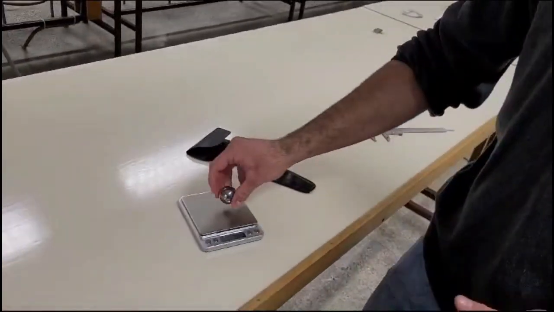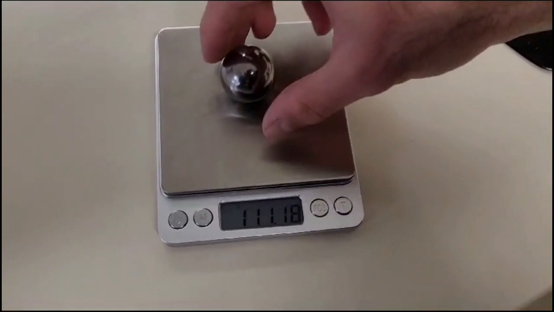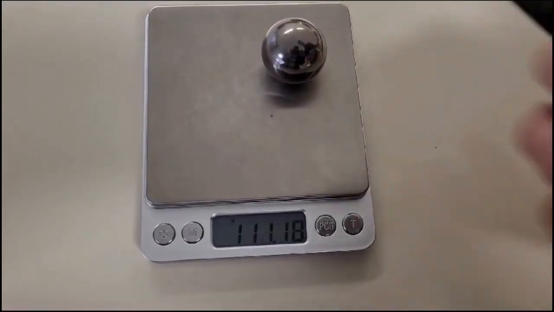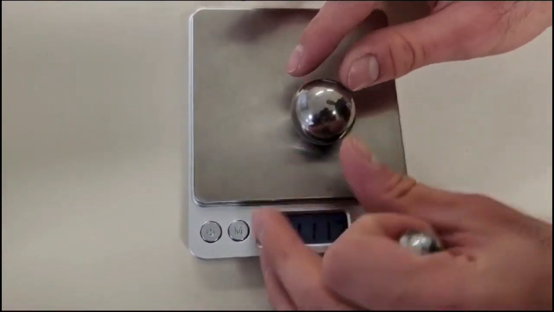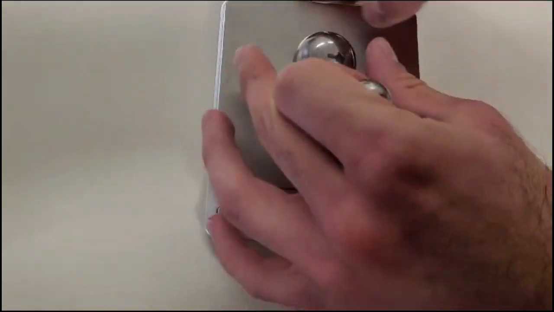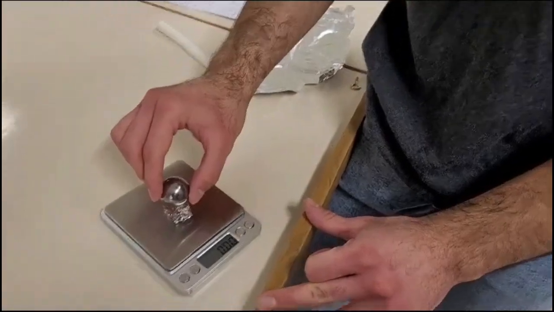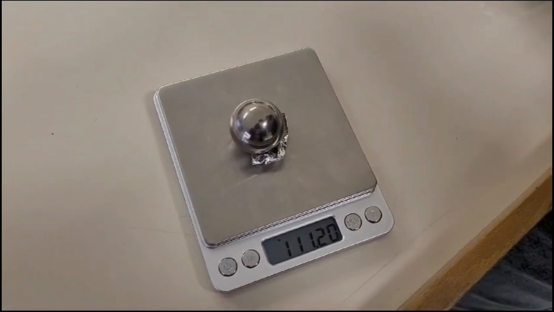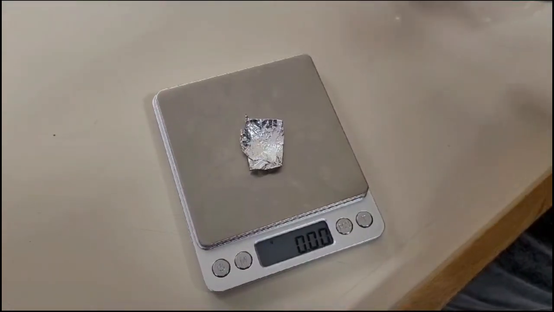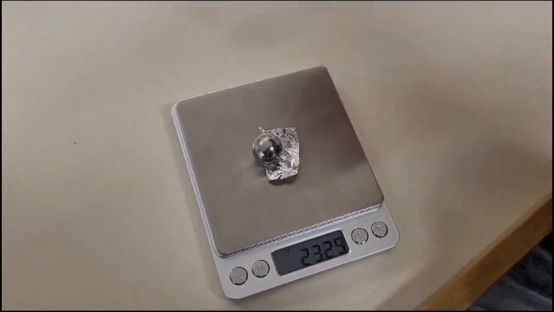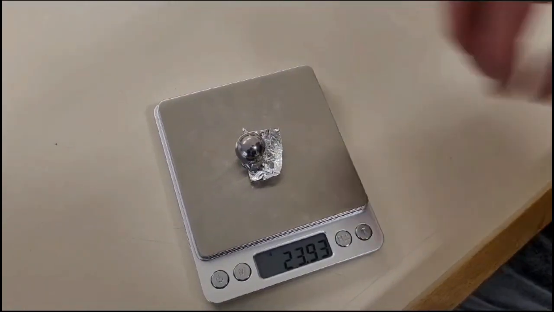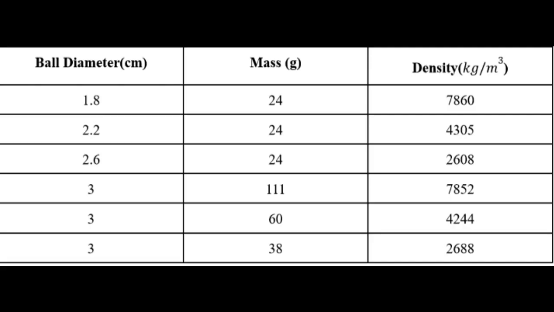Now we can weigh the balls to measure their masses. Here in this table we can see the diameters and the masses of balls and their calculated densities.